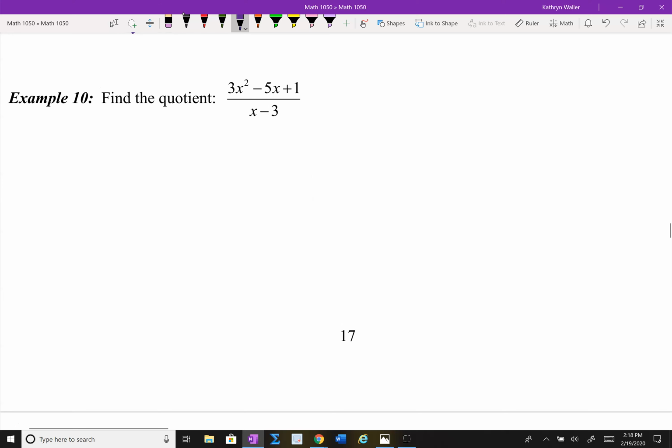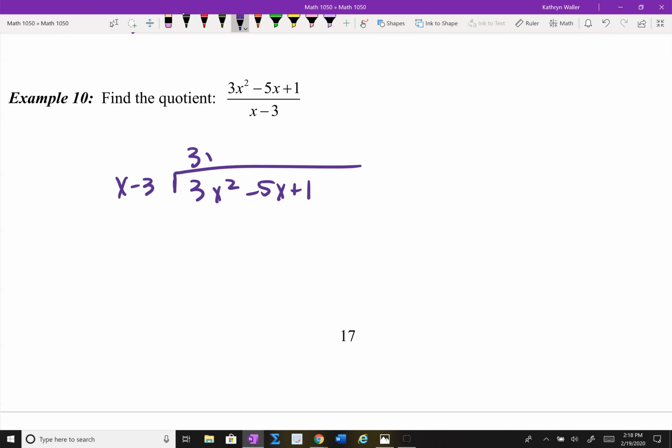Okay, find the quotient. What is the definition of quotient? The answer to a division problem. So how do I do this? Divide. It's just long division, right? Outside is x minus 3. Inside is 3x squared minus 5x plus 1. What do I multiply by x to get 3x squared? 3x.